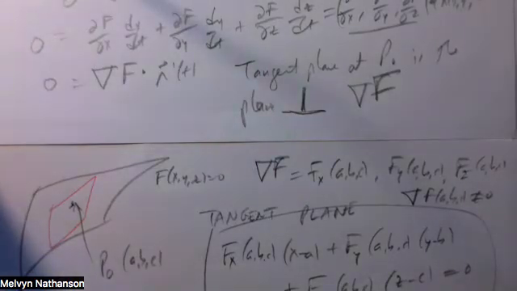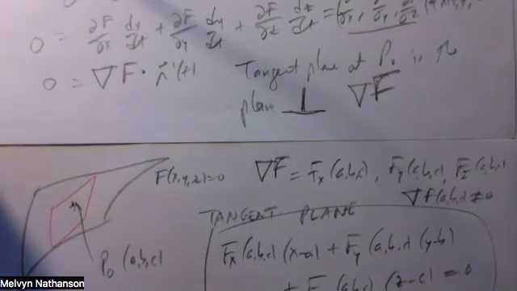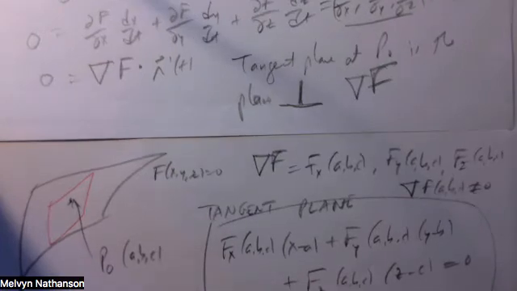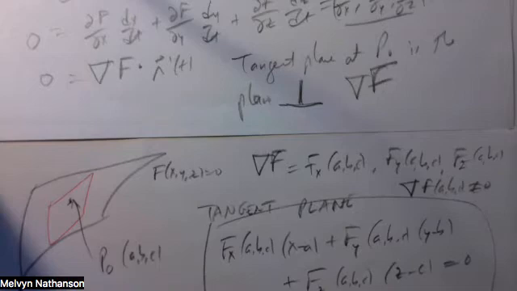So here's a classical example. If you take an ellipsoid in space, so an ellipsoid might be something like x squared over 9 plus y squared over 25 plus z squared equals 1. So that's some ellipsoid.